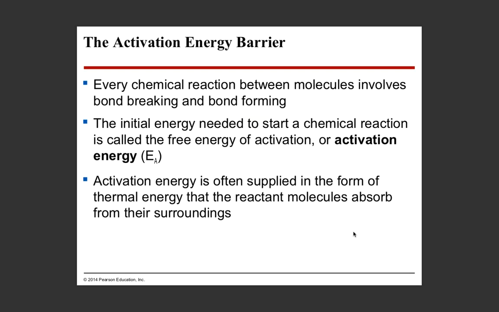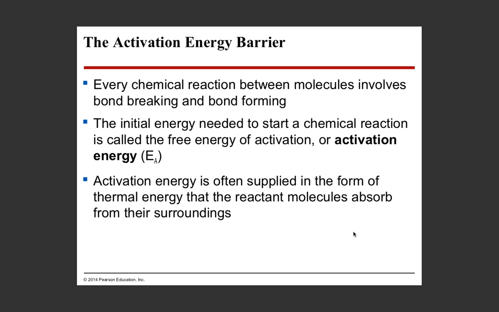So our enzymes function by lowering the activation energy. Okay, so every chemical reaction between molecules involves bond breaking and bond formation in order to generate our products and break down our reactants. The initial energy that's needed to start a chemical reaction is called our activation energy, or energy of activation. This is how much energy is needed to activate the chemical reaction.